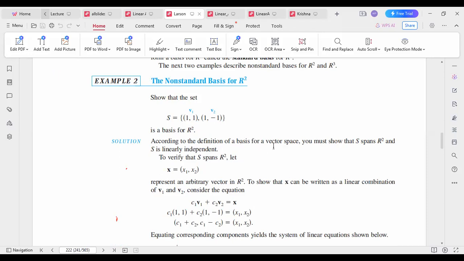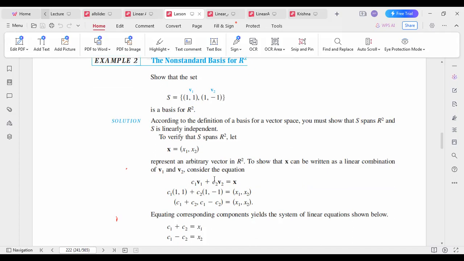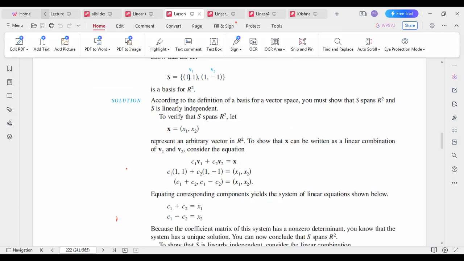According to the definition of a basis for a vector space, you must show that S spans R2 and that S is linearly independent. To verify that S spans R2 space, let x equal the vector (x1, x2). This can be written as a linear combination x equals c1 b1 plus c2 b2, where c1 c2 are scalars. Now b1 equals the first vector and b2 equals (1,-1), the second vector.